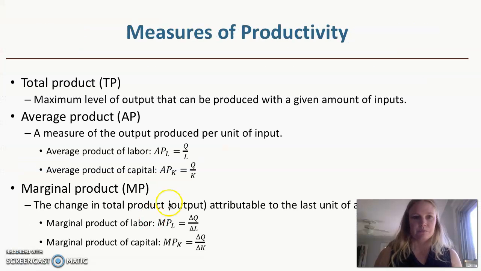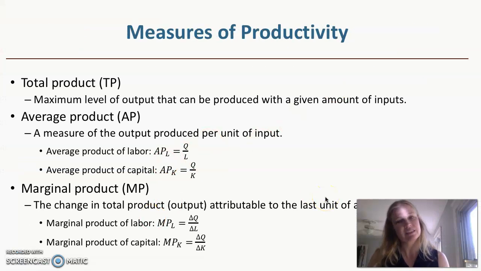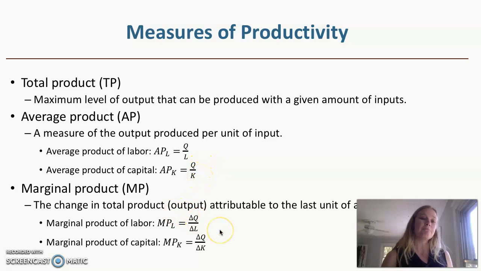Going back, we've got measures of productivity. So the only thing you can do is just go through the formulas. Total product is the maximum level of output that can be produced with a given amount of inputs. Average product is total product divided by the number of inputs. So we've got the average product of labor, which is Q over L, total product over the amount of workers. Average product of capital, Q over K. And we've got marginal.